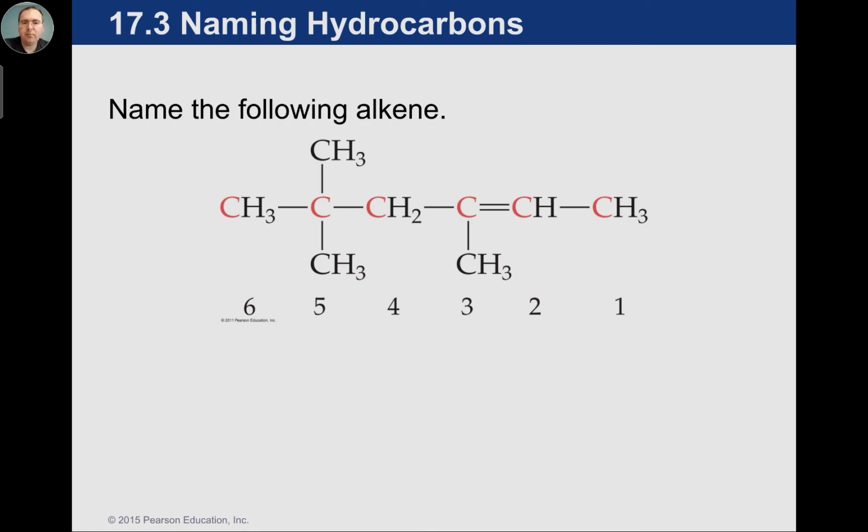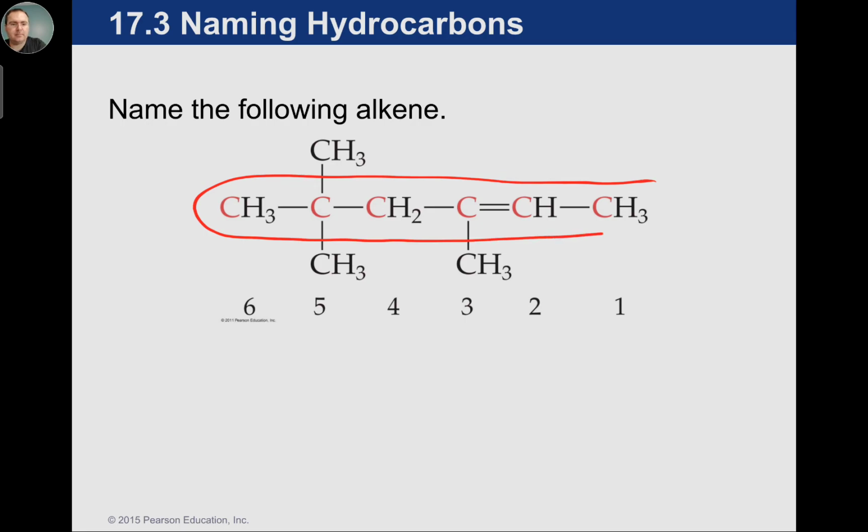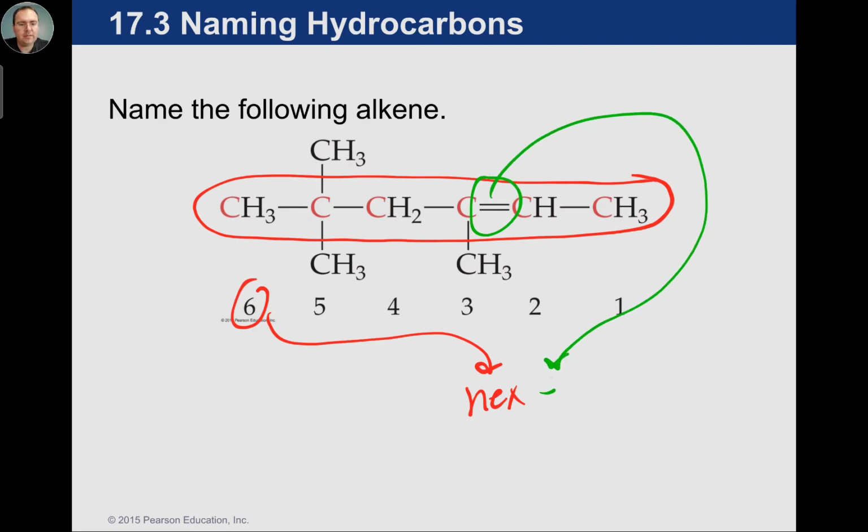So looking at this example, we need to make sure that our longest parent chain happens to be in that group, and notice that it is here with the 6. So anytime we have 6, we would say hex. Because we have a double bond, now we would say ene.